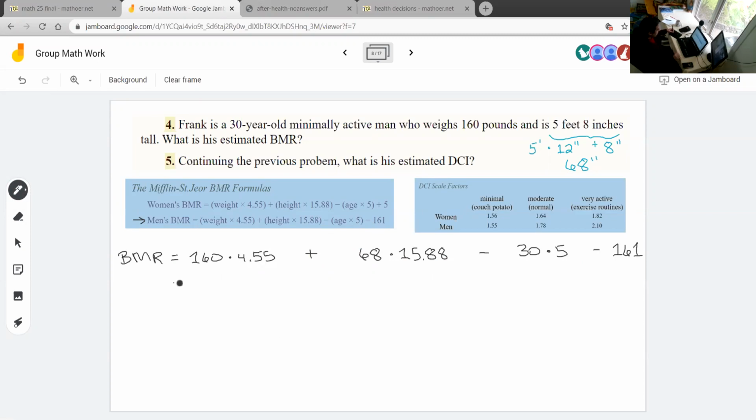Okay. The calculator doesn't actually care. There's no reason for me, with modern technology, to do this four bits at a time. I can just plug the whole thing into my calculator, and it knows order of operations, that the multiplying is going to happen first.